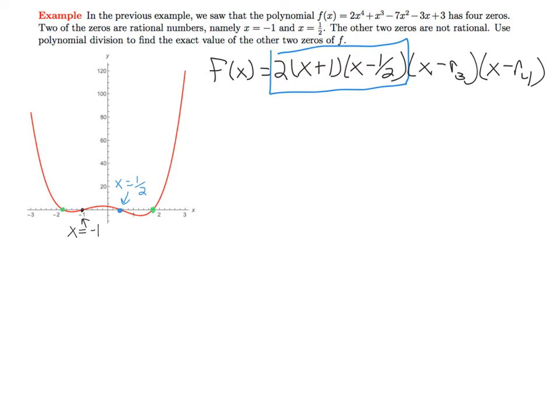And so what's going to be left is going to be some quotient. So what I'm going to do is divide the stuff that I've circled in blue into the polynomial. I could divide each of these factors in separately, but let me save some time and do this in one shot.